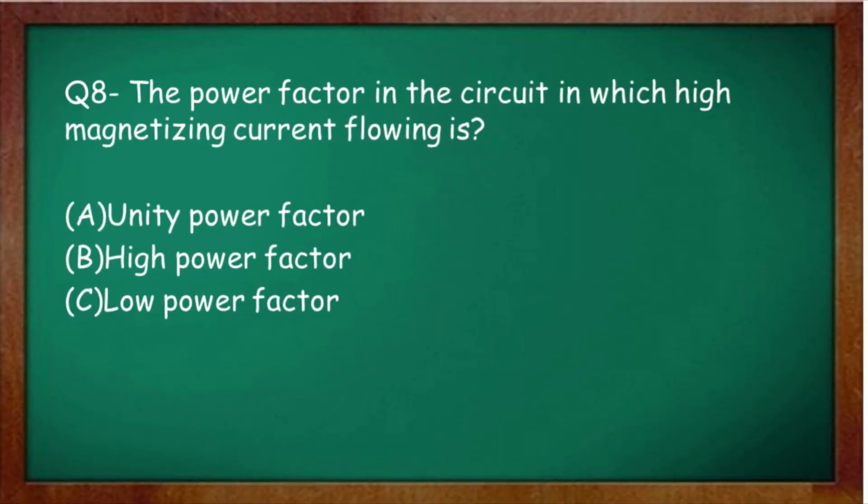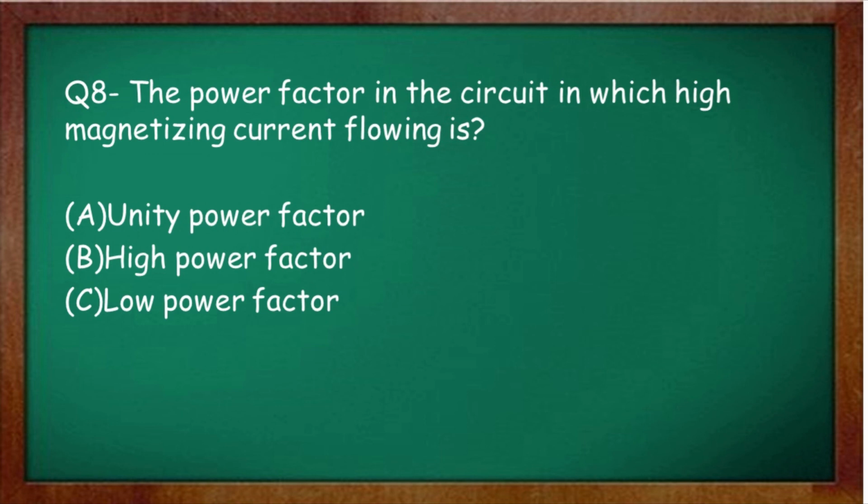Question 8. The power factor in the circuit in which high magnetizing current is flowing is option A unity power factor, option B high power factor, option C low power factor. Here the question is about magnetizing current. When low power factor exists in induction type motors or any other equipment, there will always be high magnetizing current.